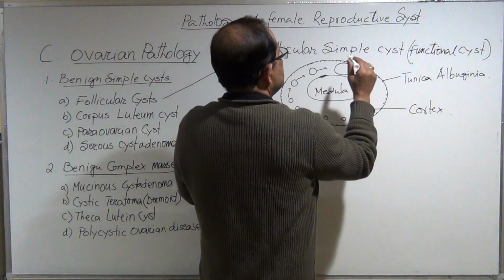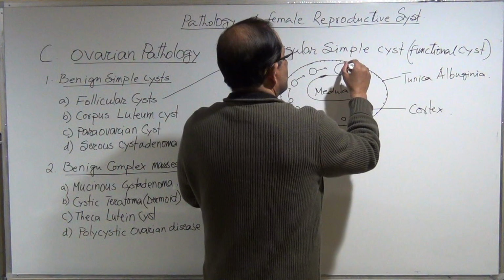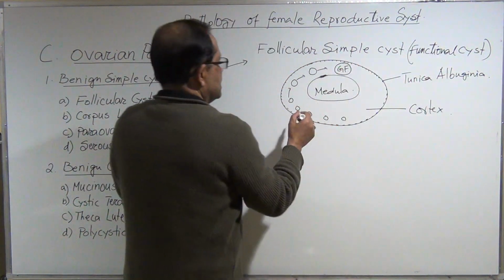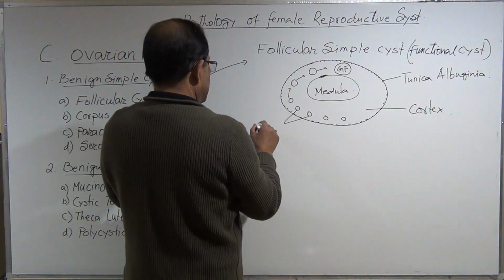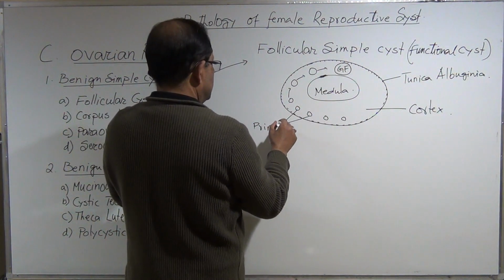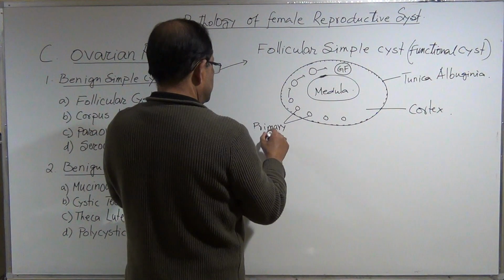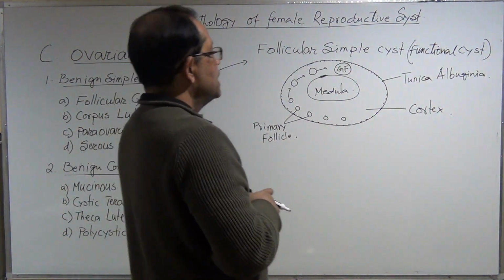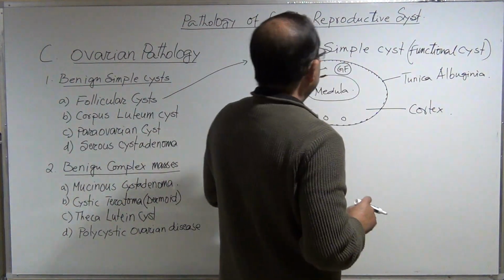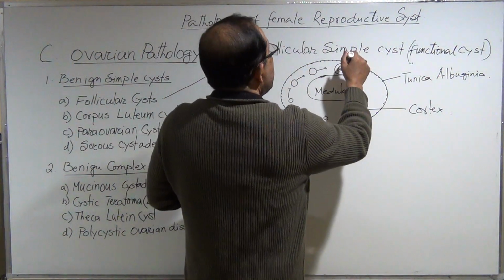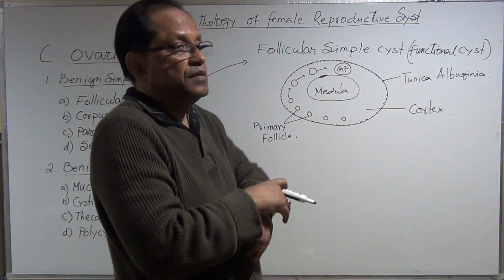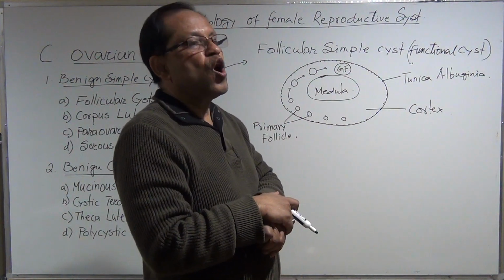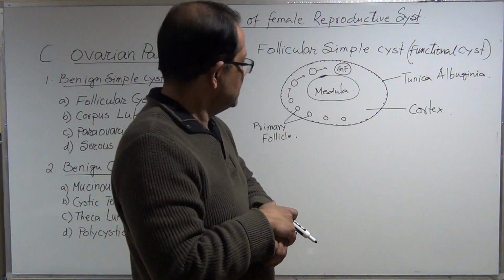Okay? So this is Graafian follicle. So these are the primary follicle. This Graafian follicle you will see at the time of 14th plus minus 2 day of the menstrual cycle.